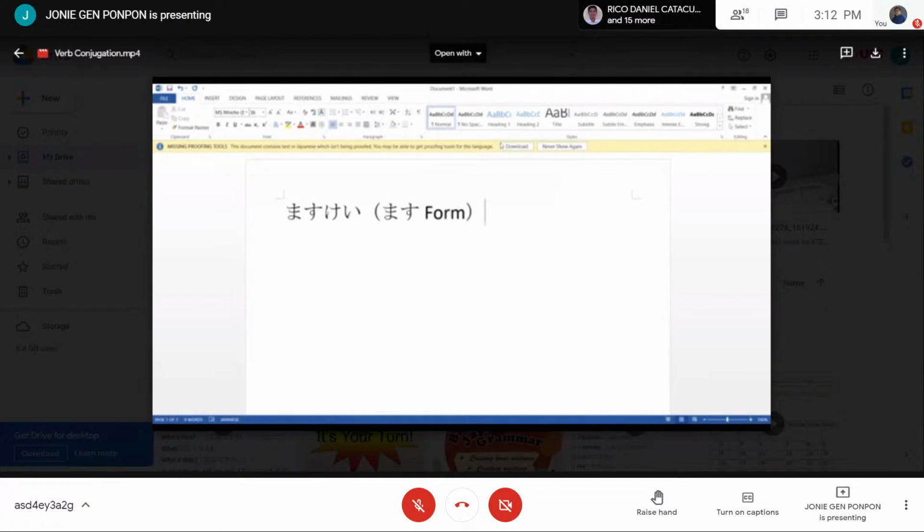So let's go to the Jisho form. Now, Jisho form: how to convert the masu form to the Jisho form, the dictionary form.